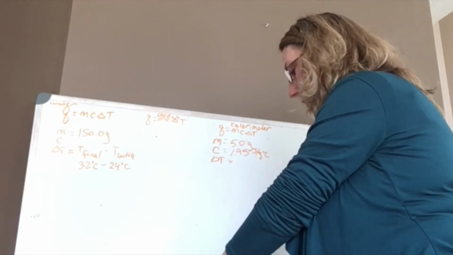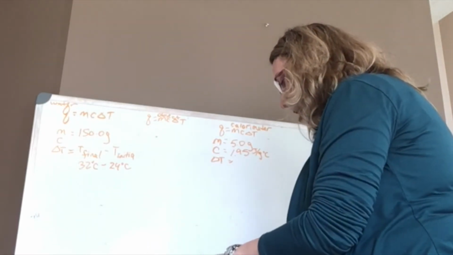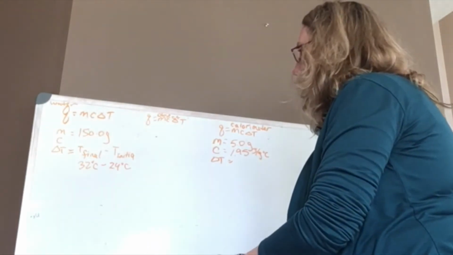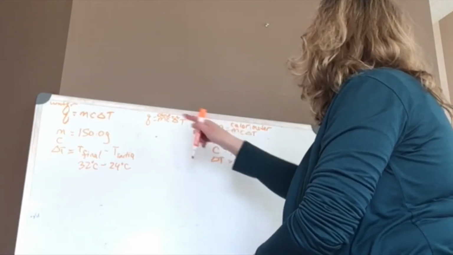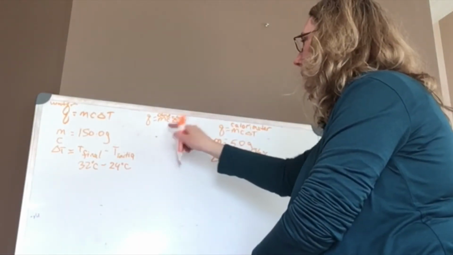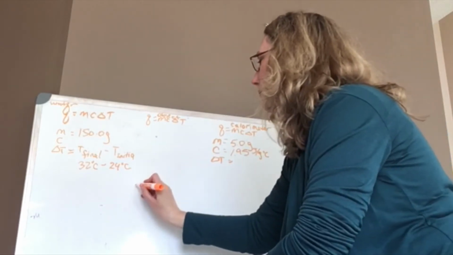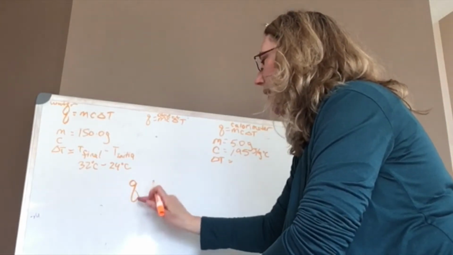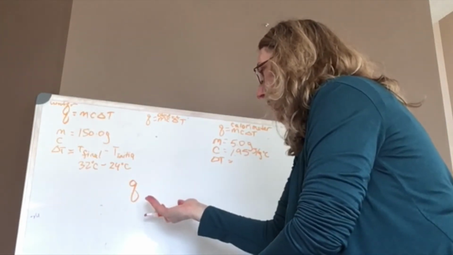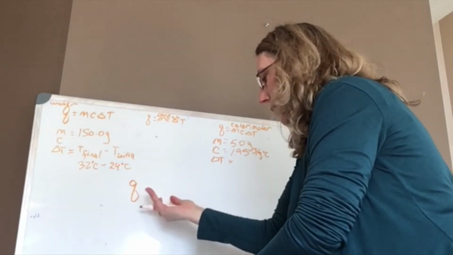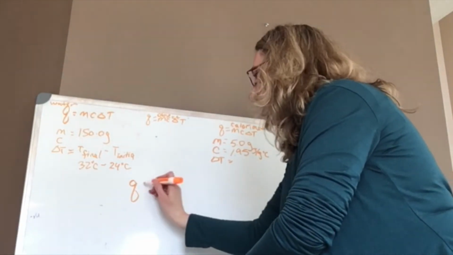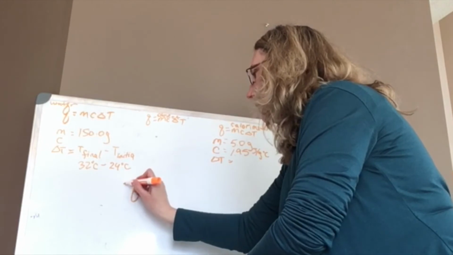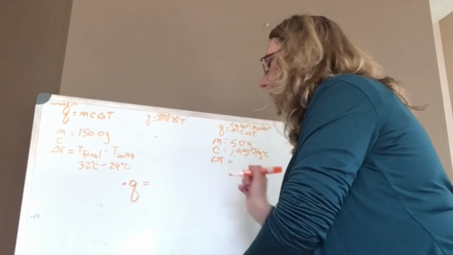All right, so remember, I should have put them in a different order. So your Q, what's happening? You have this object, but again, this isn't really an object now, it's a chemical reaction, some chemical. Gave off some heat, so negative Q. And what did that heat do?